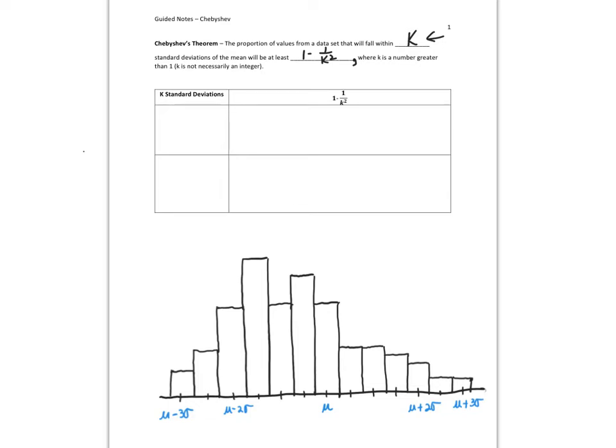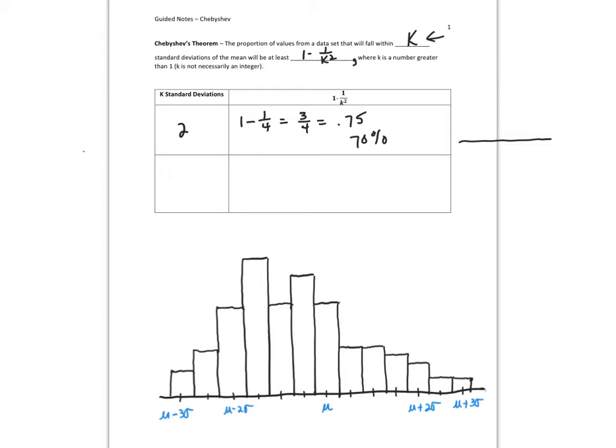If I choose 2 standard deviations, then I would expect 1 minus 1 over 2 squared, which is 4, and 1 minus 1/4 is 3/4, which is 0.75. So I can expect 75% of my data set to lie within 2 standard deviations of the mean. Now I'm going to draw a little picture here.